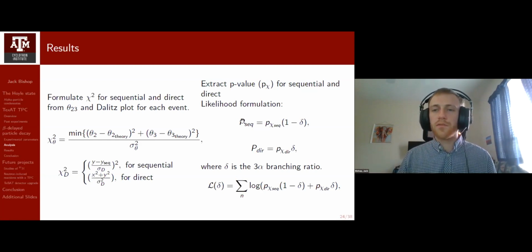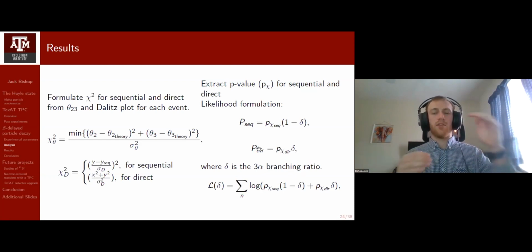So we build this into a model where the probability that it is sequential is this p-value for the event times 1 minus the 3 alpha branching ratio, i.e. what the sequential branching ratio is. We do a similar thing for the direct, where it is this p-value for direct times the actual branching ratio for direct decays.